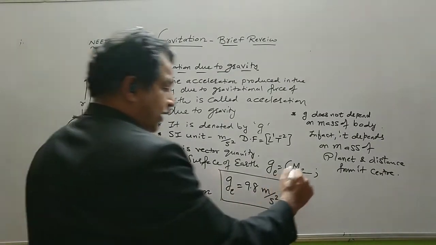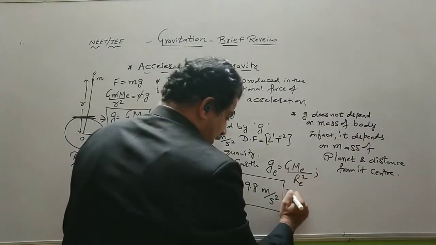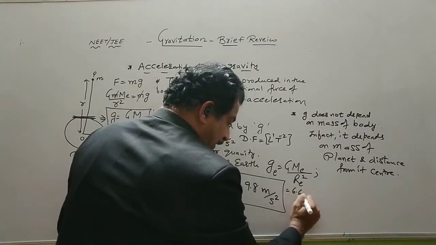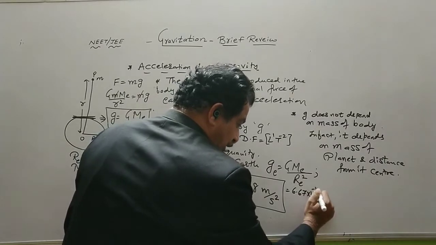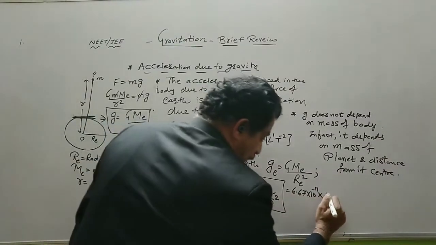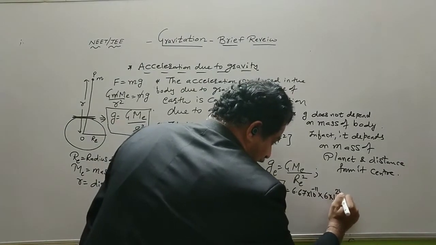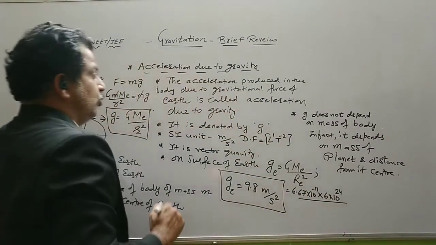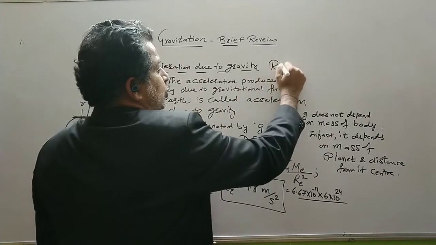We can verify this by substituting the value of capital G, which is 6.67 into 10 raised to minus 11. The mass of the Earth is about 6 into 10 raised to 24, and you have to remember the radius of the Earth.